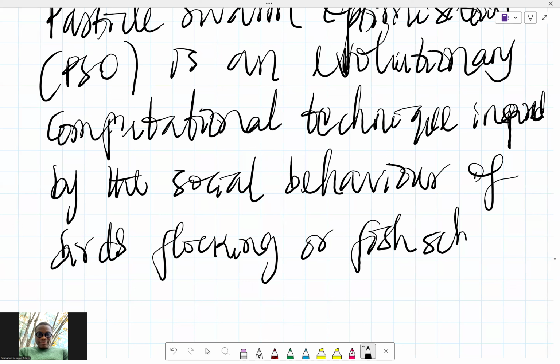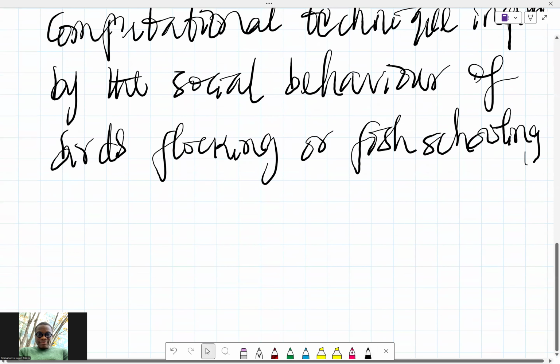That is fish moving together, and birds flocking, birds moving together too.